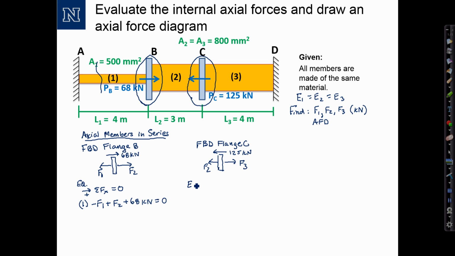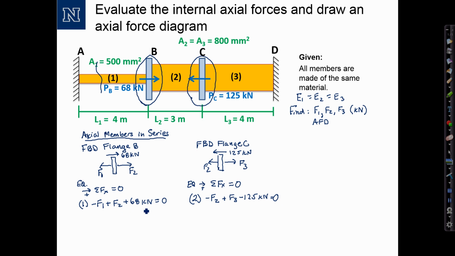And my equilibrium equation again is sum of the forces in X equal to 0, positive acting to the right. This is going to be my second equation. I have negative F2 plus F3 minus 125 kilonewtons equals 0.